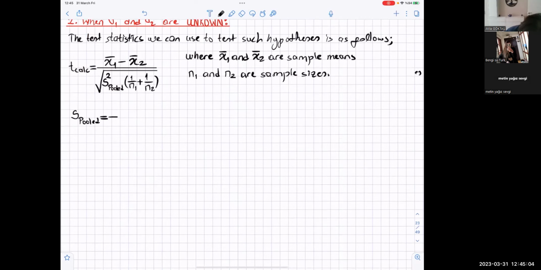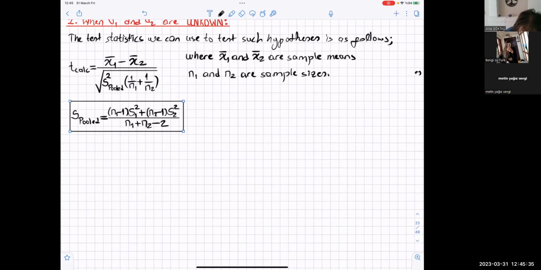The pooled variance is n1 minus 1 times s1 squared plus n2 minus 1 times s2 squared, and this is divided by n1 plus n2 minus 2. That's the pooled variance. You perform the calculation of the pooled variance this way.